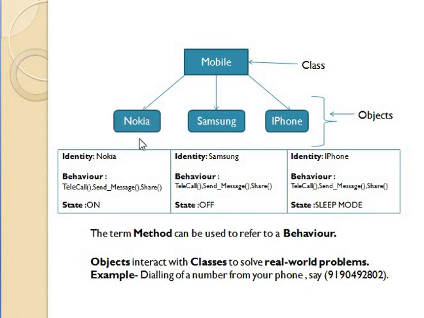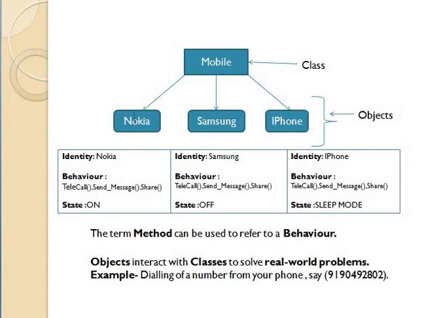And a group of such real-world entities forms a class. In this example, Nokia, Samsung, and iPhone are the objects, that is, they are the real-world entities, and a group of all these objects forms a class called mobile.